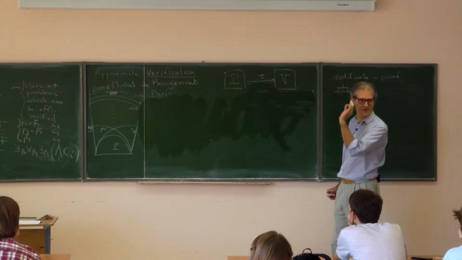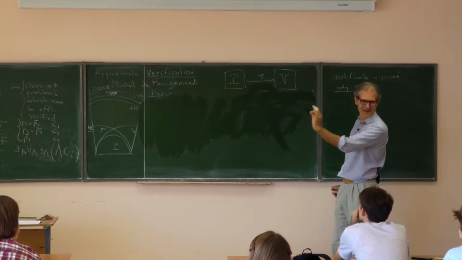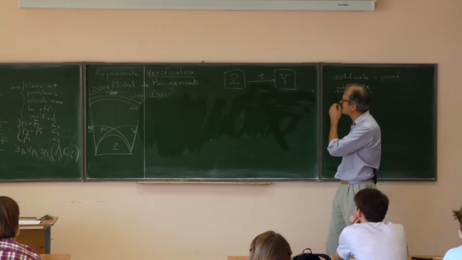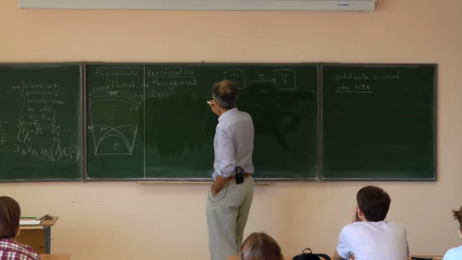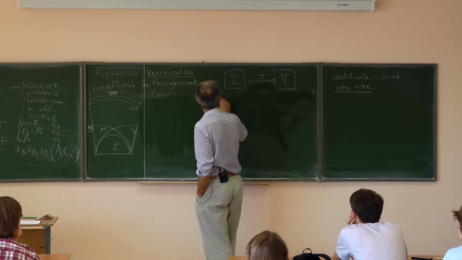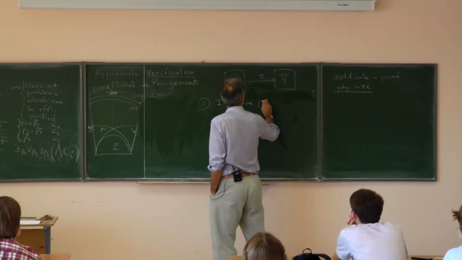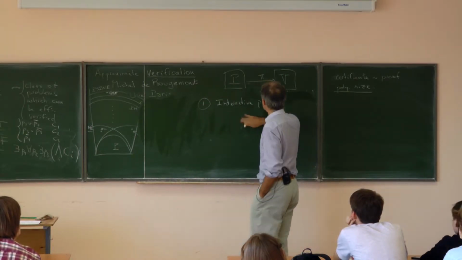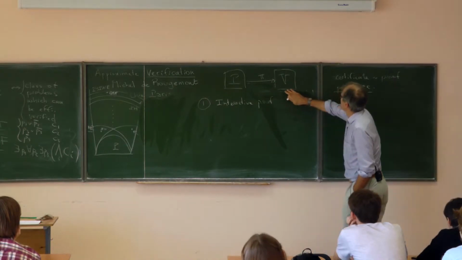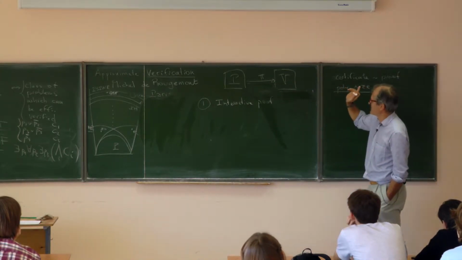It's very important to understand where you put the error and how, and so on and so forth. And there will be three models. The first model is called an interactive proof, which we are going to introduce in a minute. We're going to change two things.